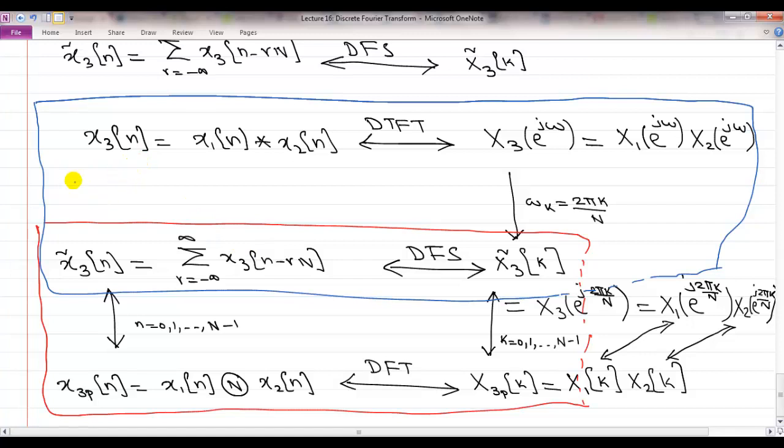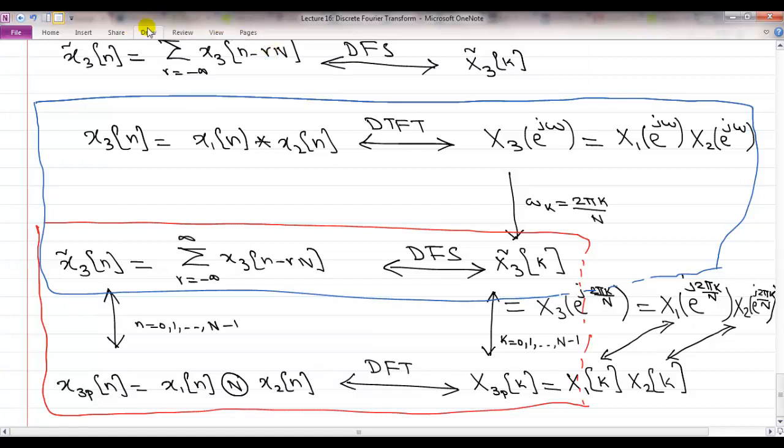Based upon that, the relationship between the circular convolution and the linear convolution is that for circular convolution, you first draw a periodic repetition of your linear convolution by a period of n, and then look at the main period of that. That will be your answer to the circular convolution. Effectively, your circular convolution is just time aliasing of your linear convolution.